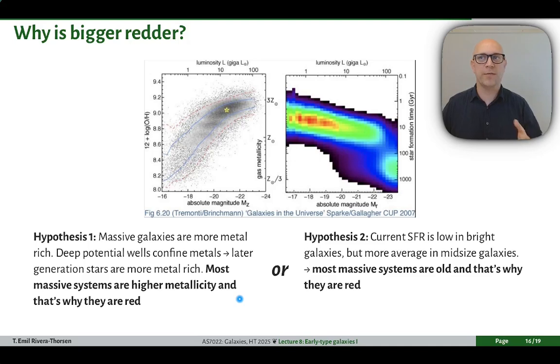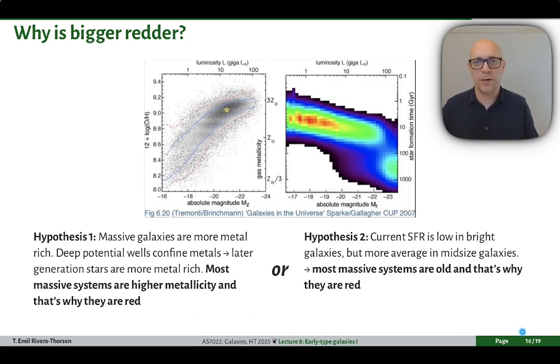If they are more massive, it will be harder for metal-rich gas to be pushed out, to be puffed out of the galaxy, compared to if we have a lower mass galaxy with a more shallow potential well, such that the feedback from star formation will have a much harder time getting rid of metals in more massive galaxies than in less massive galaxies. This means, according to this hypothesis, that most massive systems are higher metallicity, and that is why they are red.